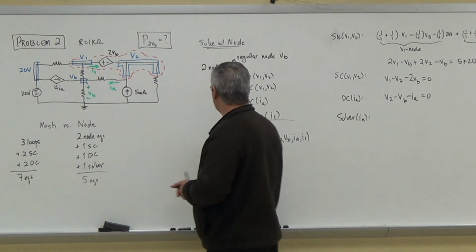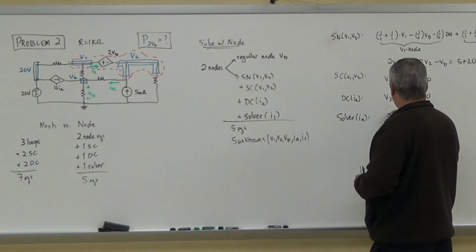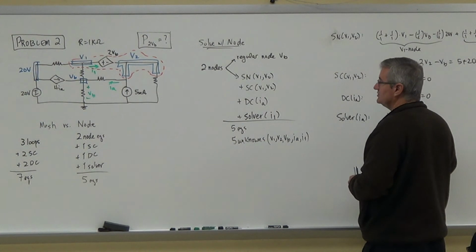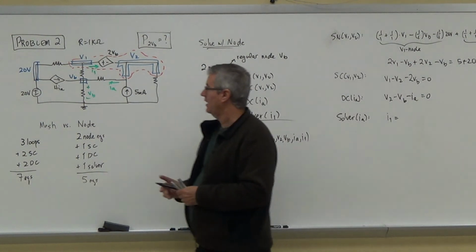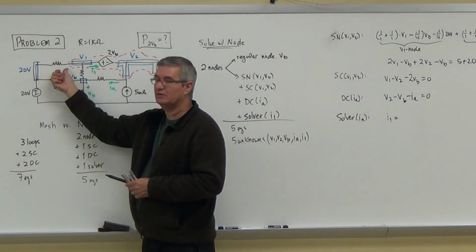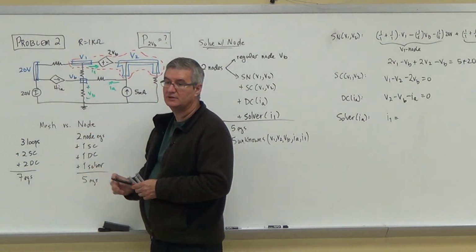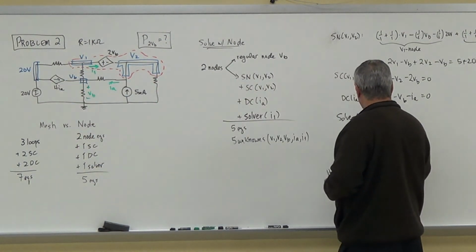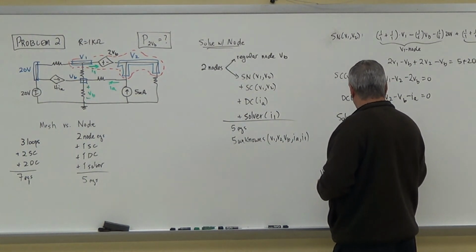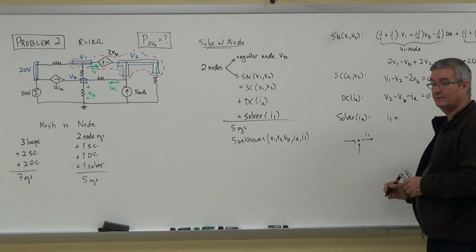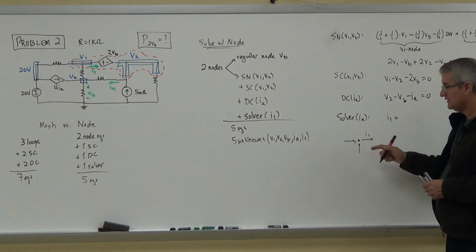When I look at that current IA, or I1, I'm going to assume that this current is going that way and that current is going this way. So at this node, I say this is I1, and I pick my currents coming in like that. The sum of these two has to equal that.